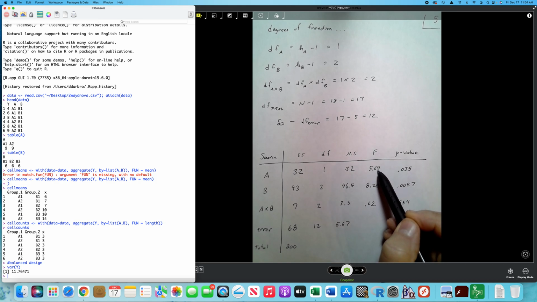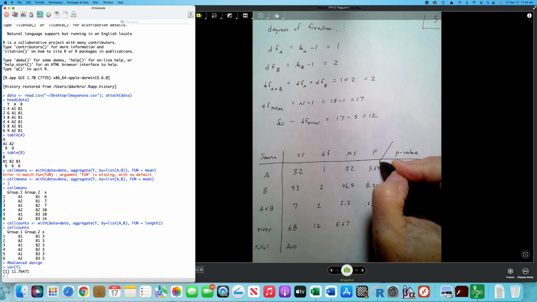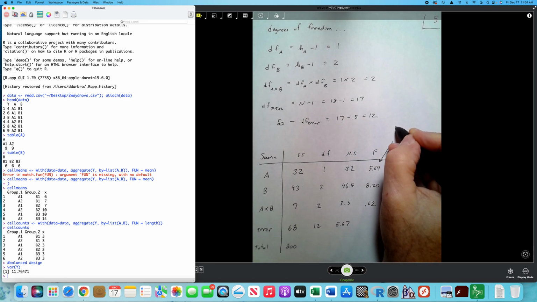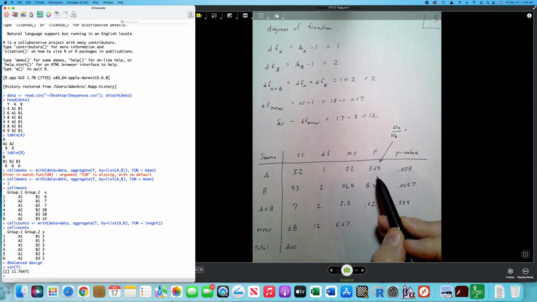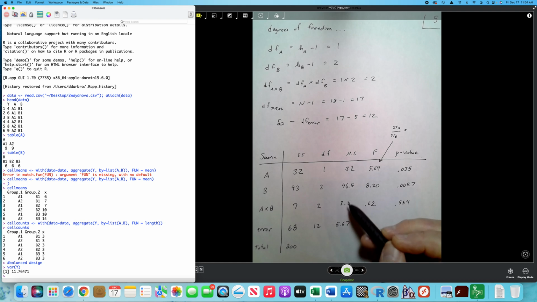To calculate the F statistic, this value is going to be the sum of squares over the sum of squares for the error. So this 5.64 comes from 32 divided by 5.67. The 46.5, this 8.2, will be the sum of squares divided by the sum of squares for the error. So 46.5 divided by 5.67.